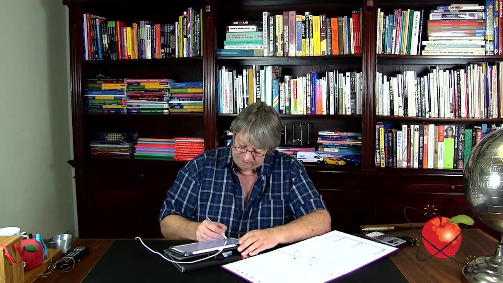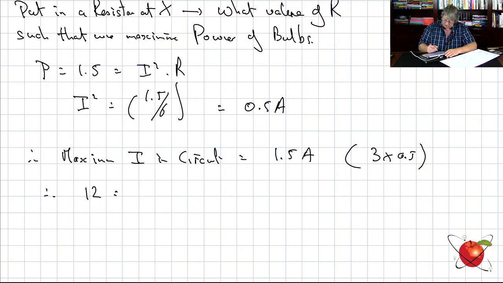All right. Therefore, in the circuit, what do we know? We know I, we know EMF. 12 is going to be equal to I, which is 1.5, times R plus little r. Little r is known.